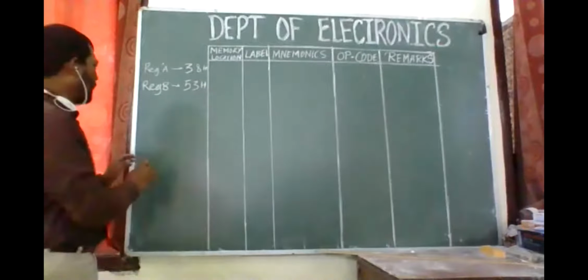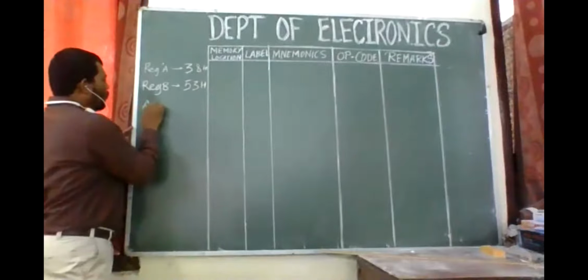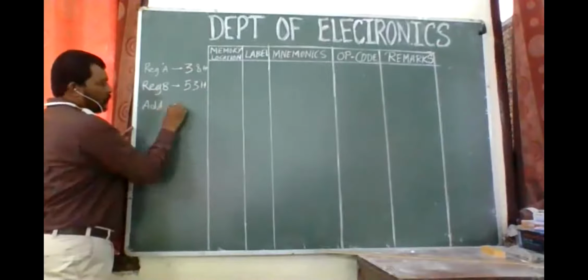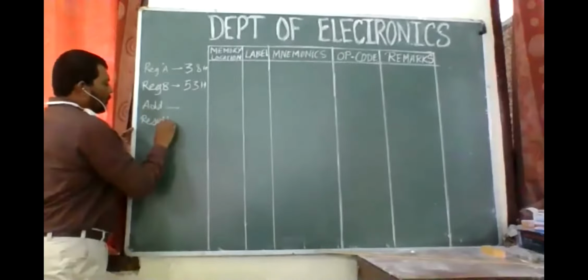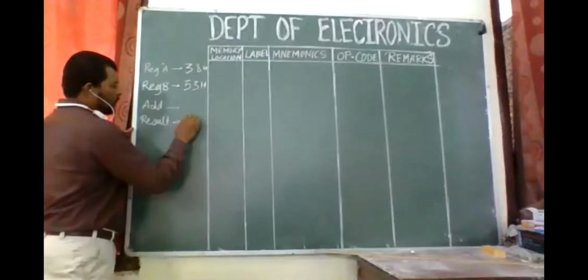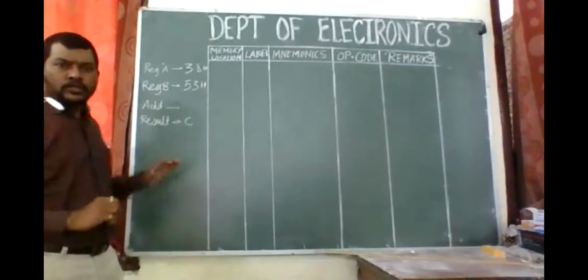Then we have to add these 2, and store the result, the addition of these, in register C. So this is to be done.